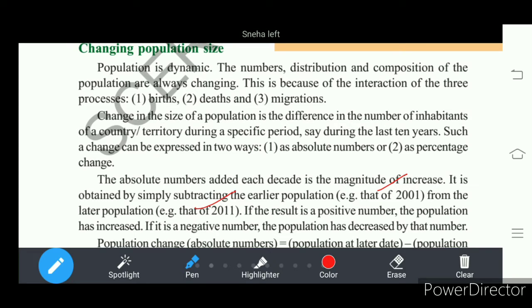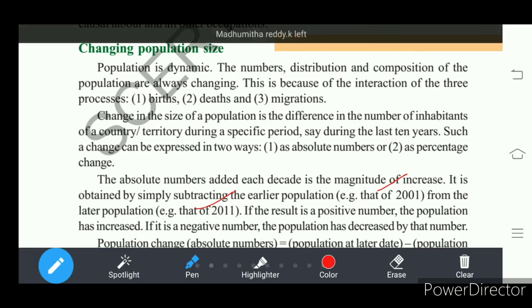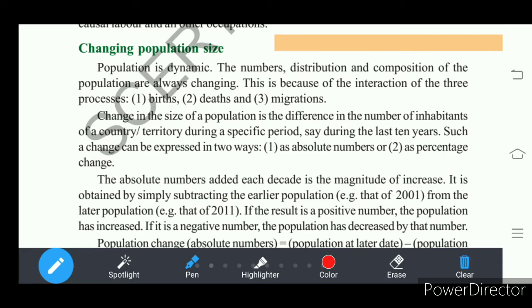This number comes when we subtract the 2001 census figure from the 2011 census figure. The 2011 census is 121 crores.